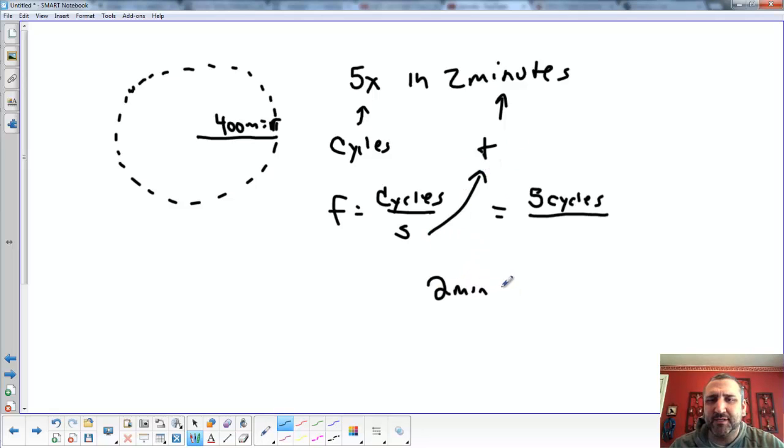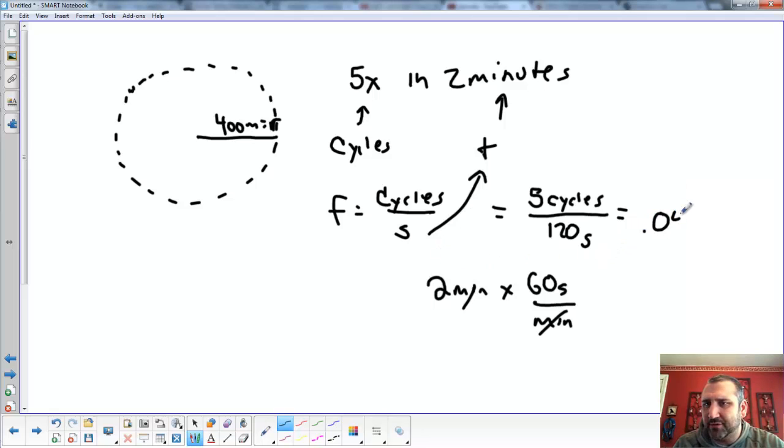So 2 minutes times 60 seconds per minute. The minutes cancel, and we end up with 120 seconds. So 5 over 120 gives us a frequency of 0.041 hertz.